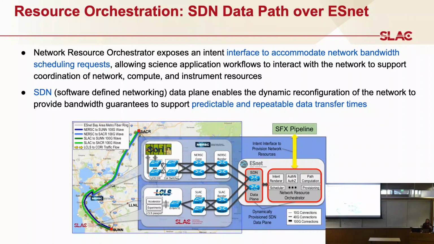So if I'm streaming data at a terabit per second across this network, I want to be able to get a terabit per second consistently for the time that I'm running, and not sometimes 100 gigabit and sometimes maybe more than a terabit, whatever. So there is this dynamic network resource orchestrator that can talk to the actual analysis, figure out what's needed, and then provision the resources inside the software-defined network properly so that we can get consistent data transfer between LCLS and some other space.